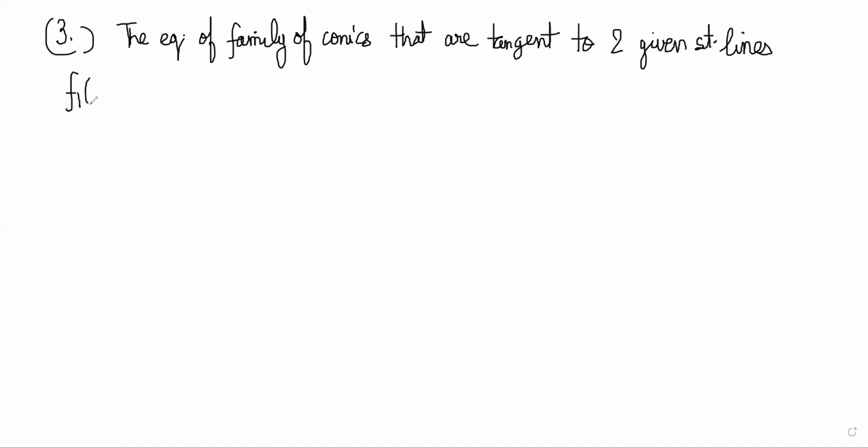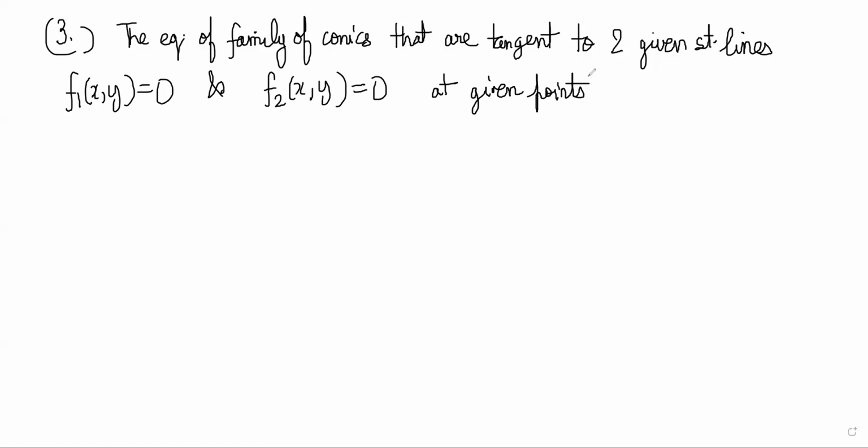The given straight lines are f1(x, y) equal to 0 and f2(x, y) equal to 0 at given points M1 and M2 is, so basically what is the situation? The conic sections that are tangent to two straight lines f1(x, y) and f2(x, y) at given points M1 and M2. So the conic section is tangent to f1 line at M1 and f2 line at M2.